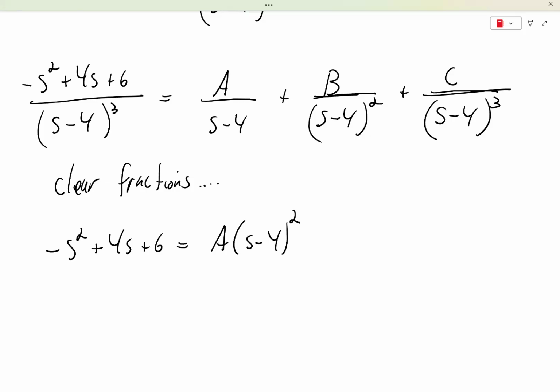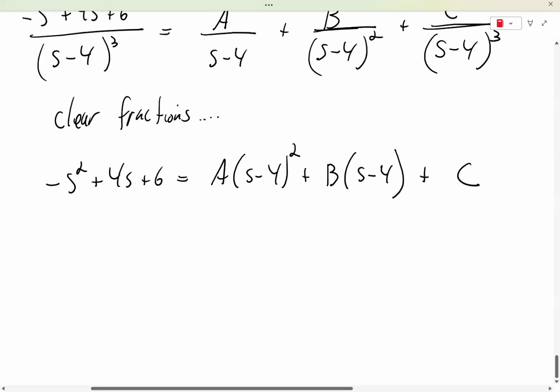Is that right? Yeah, okay. Plus B times s minus 4 plus C. So you end up with this here. Okay, is there anything there on that so far?